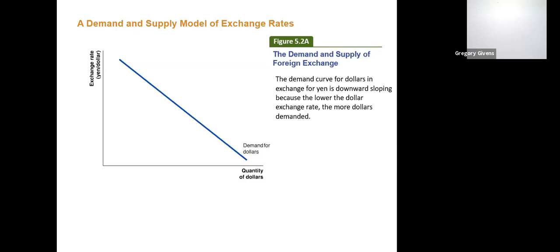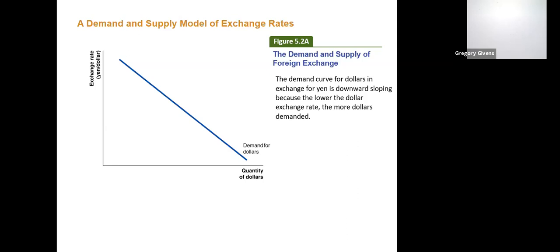So the good that is graphed on the horizontal axis here is the quantity of dollars. I'll sometimes refer to that as foreign exchange. It's the quantity of US dollars that will ultimately be swapped for Japanese yen in this case.